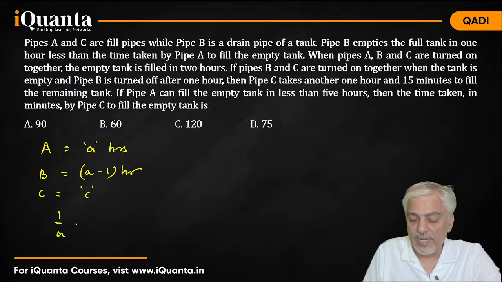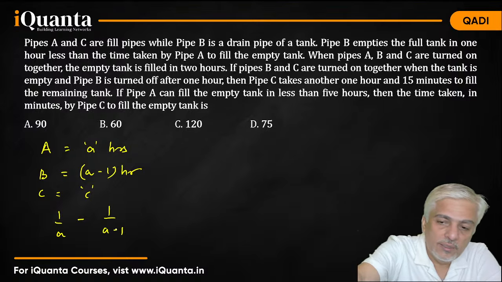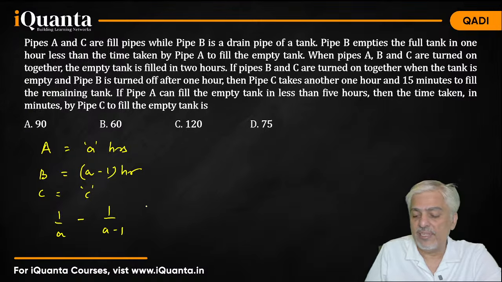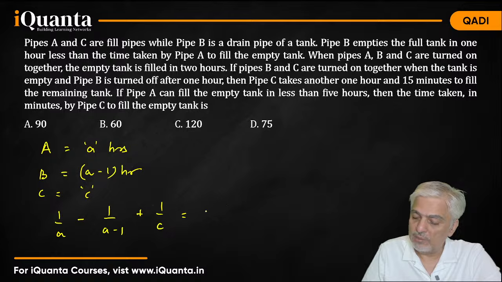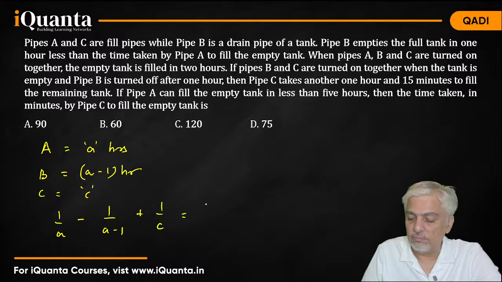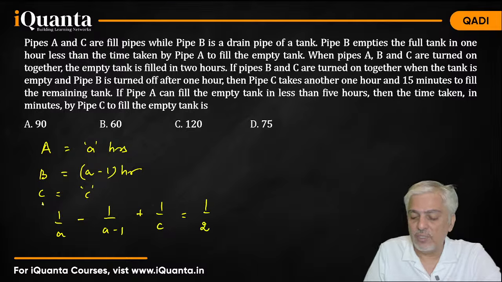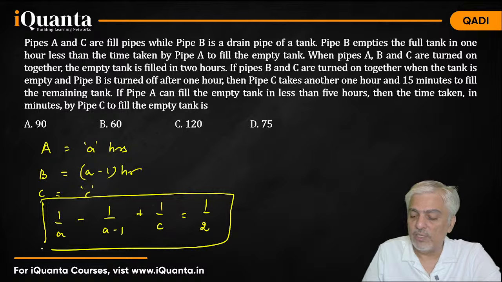So 1 upon A minus 1 upon A minus 1 plus 1 upon C is equal to what? How much is it? They have said 2 hours, no? Yeah, 2 hours. So that is 1 upon 2. Half the work is done. That's equation 1 with 2 variables.